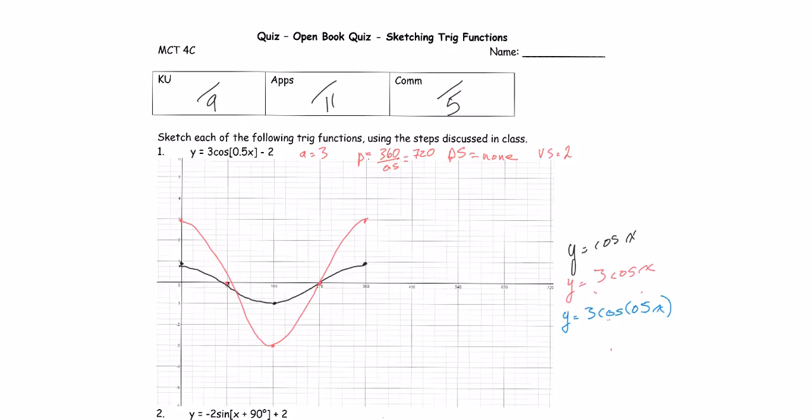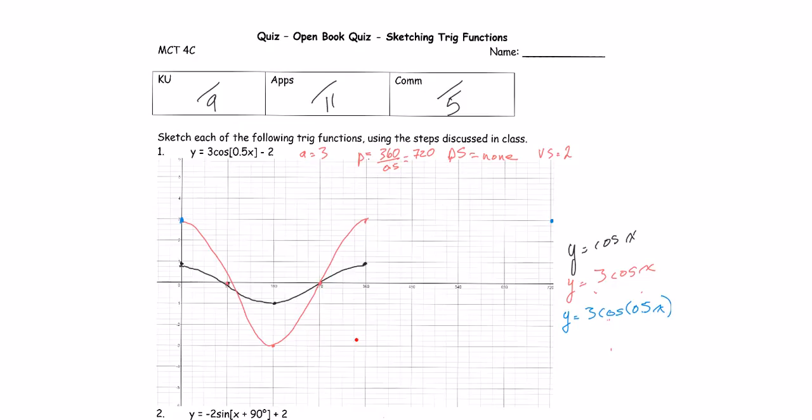So now we can start by graphing it again. So we know that it's going from 0 to 720. So we know that our first point starts at 3. Our last point will also start at 3. Our middle point is exactly halfway between 720, which ends up being 360.